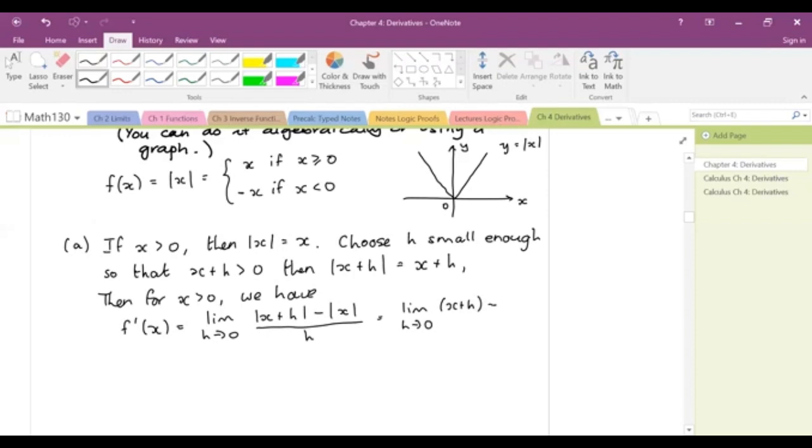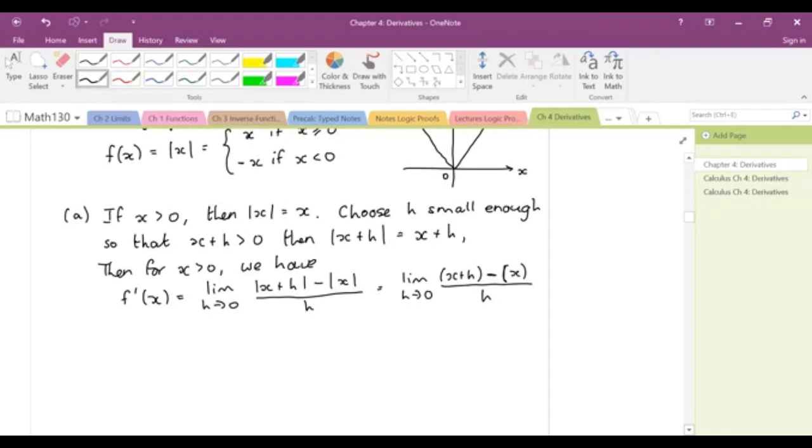And x is positive, so we can replace mod x just by x, all over h. Right, so the x's will cancel, and we'll get the limit as h tends to 0 of h over h, which is just the limit as h tends to 0 of 1. And we know the limit of a constant is the constant. So that is equal to 1.